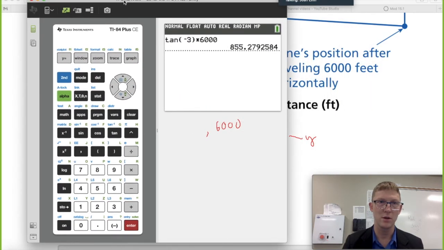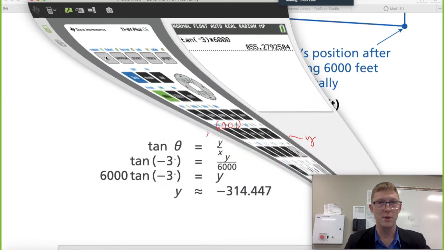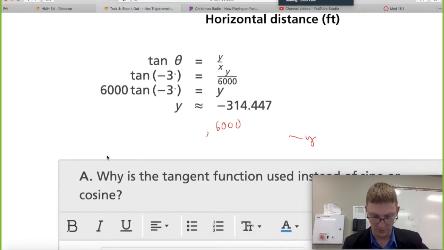Probably means my calculator is in radians. So I'm going to have to look up how to change that, because that is a thing that we should all know how to do on our calculators. So I'll look into that.